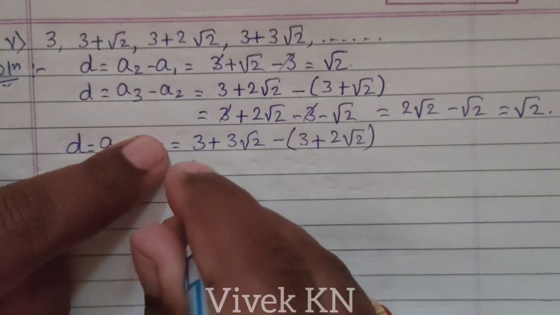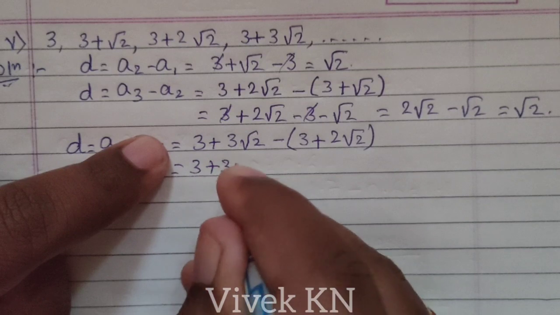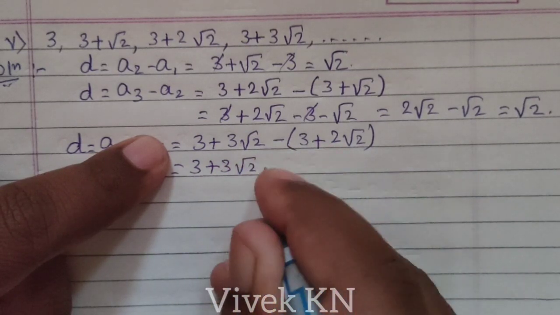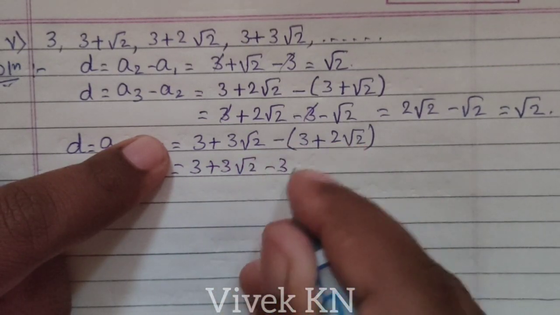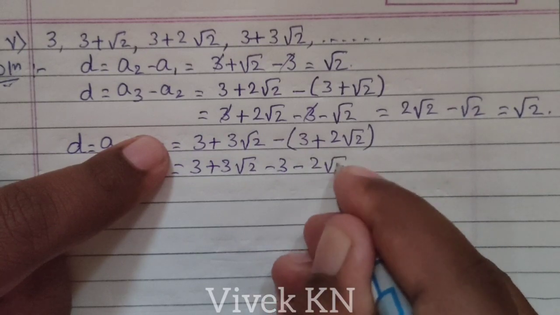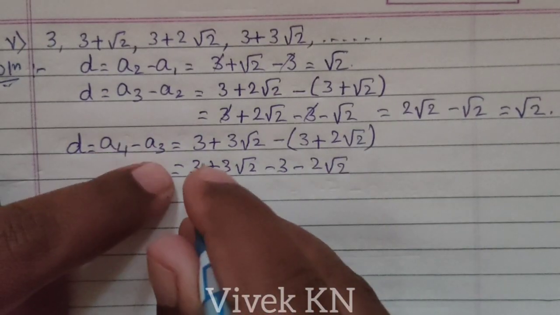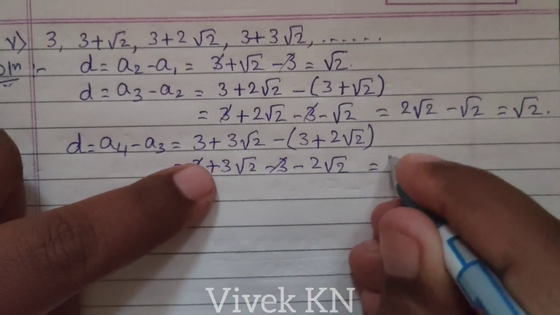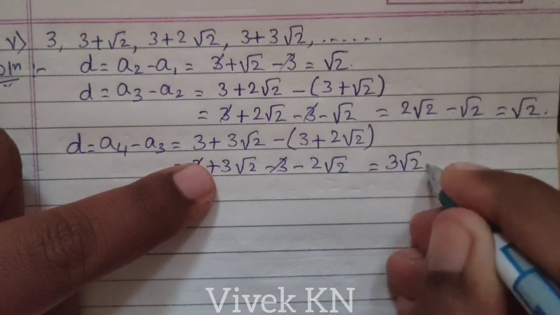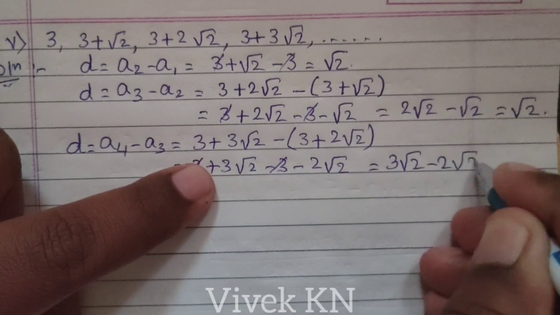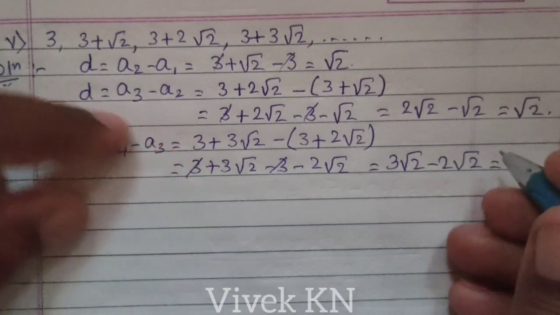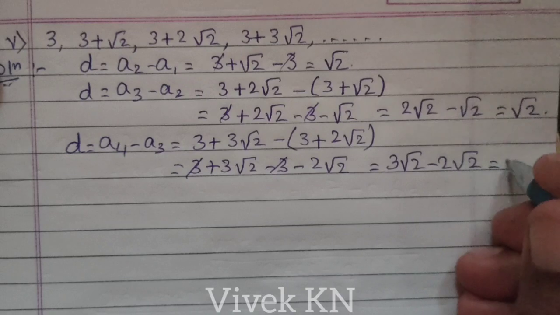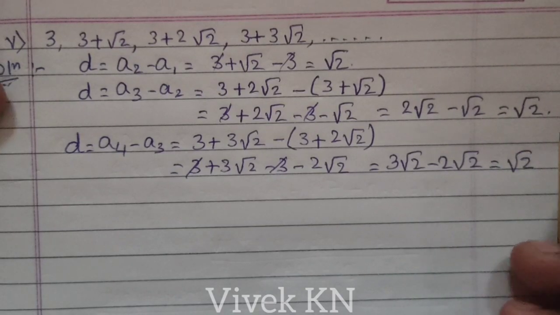That is 3 plus 3 root 2 minus 3 minus 2 root 2, because plus 3 minus 3 get cancelled and the remaining term is 3 root 2 minus 2 root 2. Subtracting these two terms we get root 2 as the common difference.